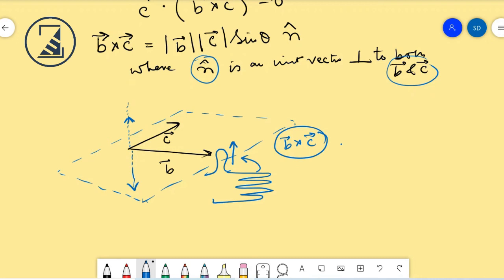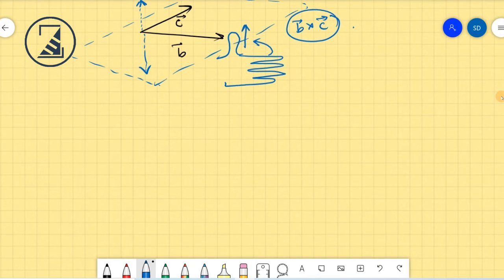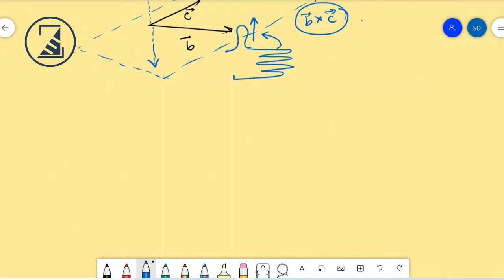Now after the right hand thumb rule, we will discuss only one property of the cross product. We showed that the dot product is symmetric, that is B dot C is equal to C dot B, right?